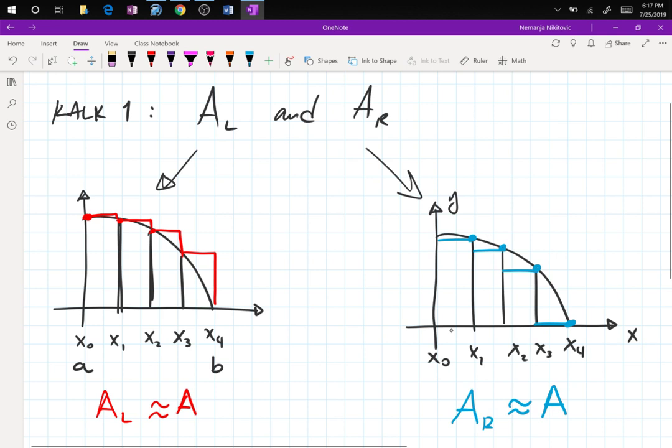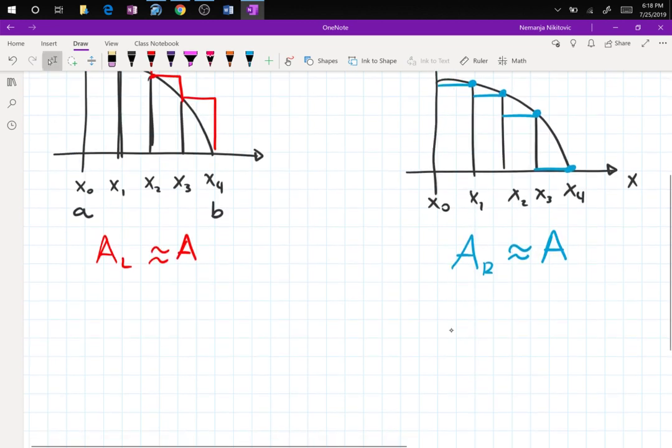On the other end, look at the last rectangle. It's 0, calculation gives you 0, so all of this over here is error. So with both of these methods, you had to use a lot of rectangles to come up with some nice precision. Now we're moving to Calc 2 and we are learning 3 methods that will approximate this much better.